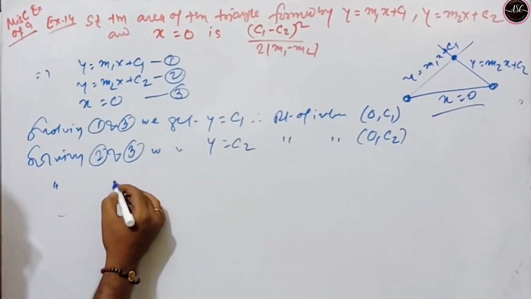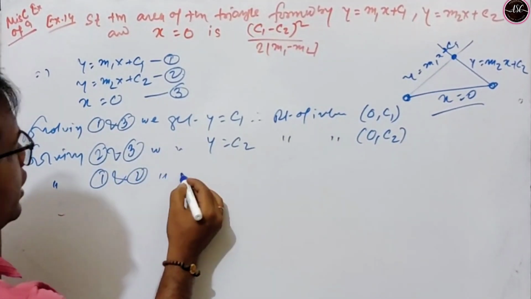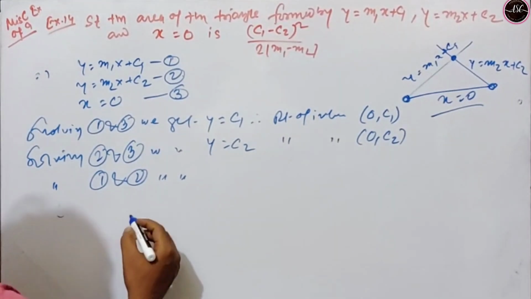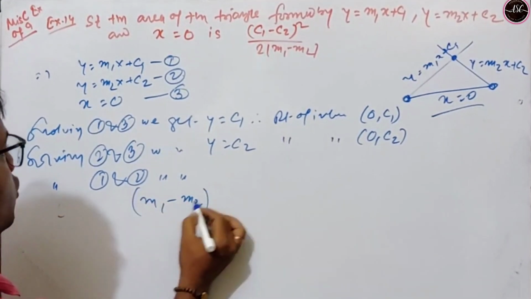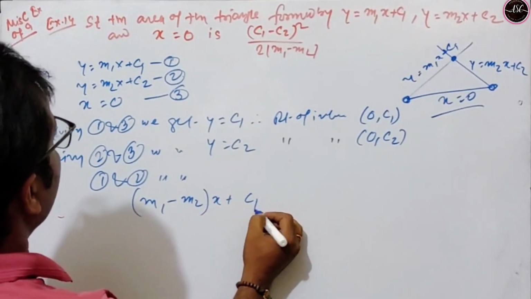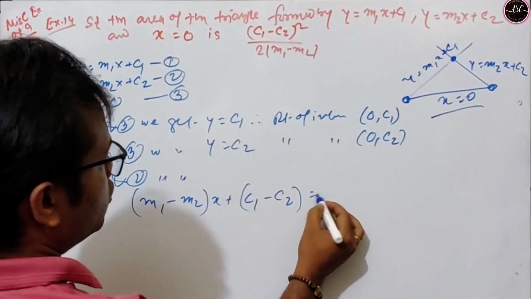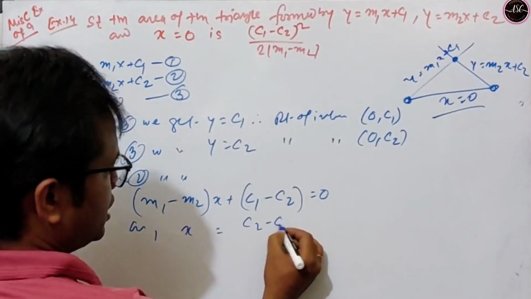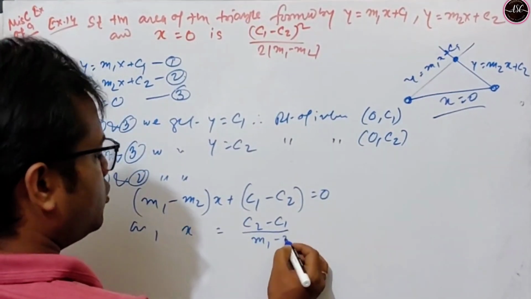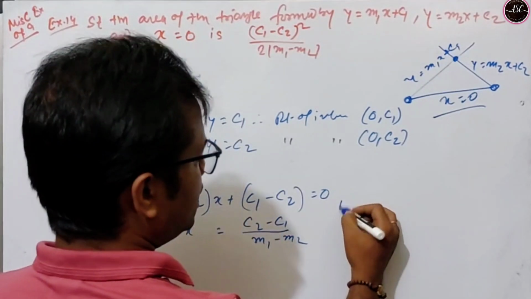Solving 1 and 2, we get (m1 minus m2) into x plus (c1 minus c2) equal to 0, or x equal to (c2 minus c1) divided by (m1 minus m2).